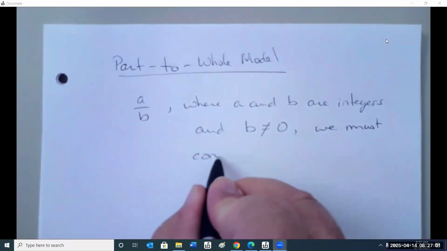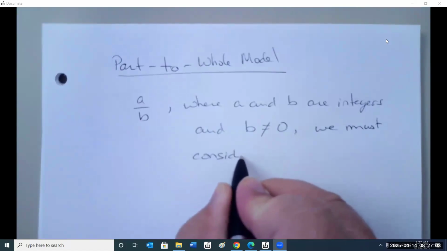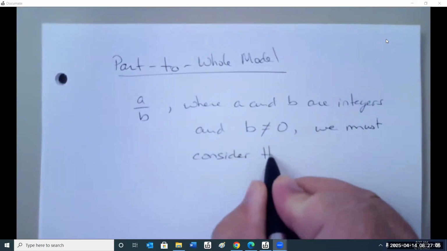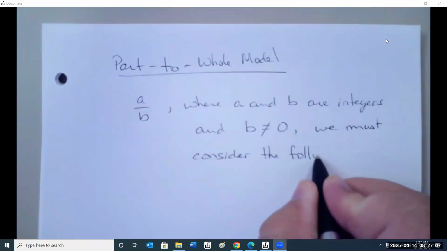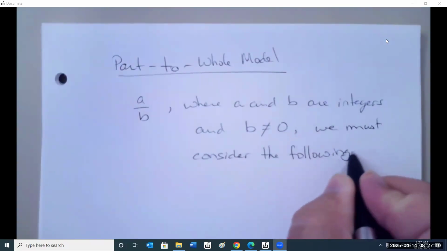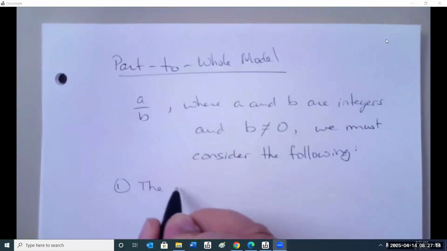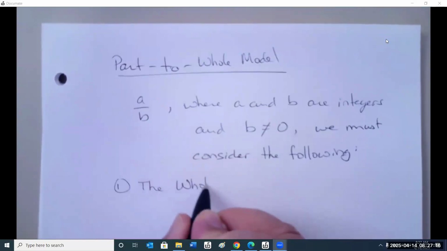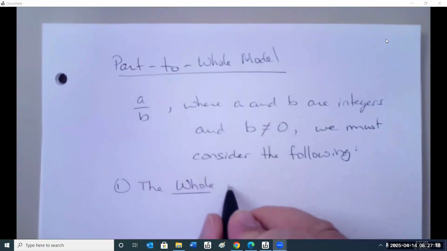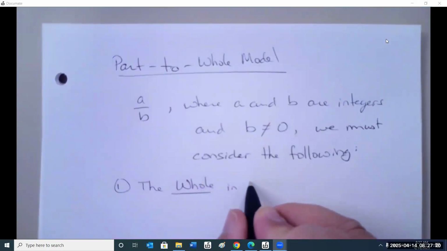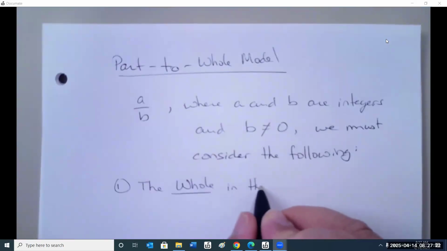We must consider the following. One, the whole in the question.